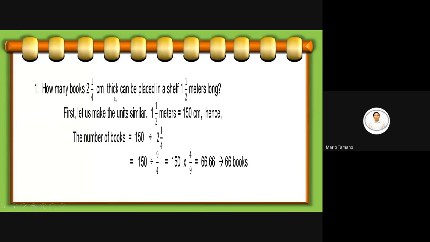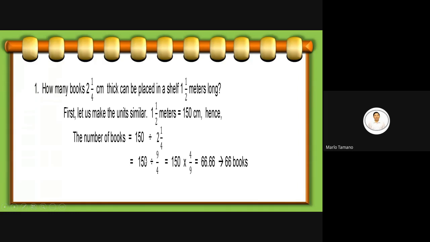Mahirap na, no? So first, let us make the unit similar. 1 1/2 meters to be converted into centimeters, and that is 150 centimeters. Hence, the number of books is equal to 150. Siyempre, i-divide na ninyo ng 2 1/4. So, ganito ngayon ang process natin.